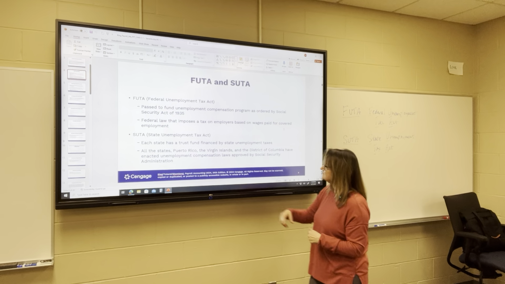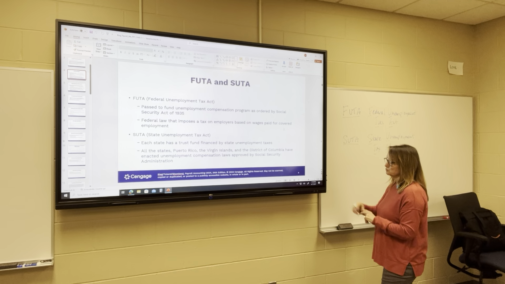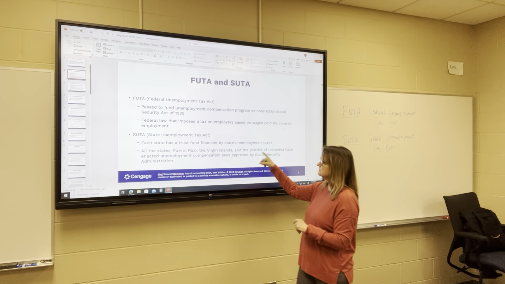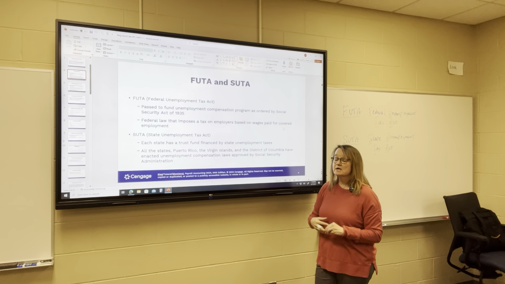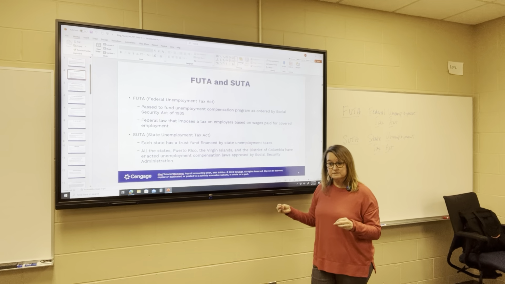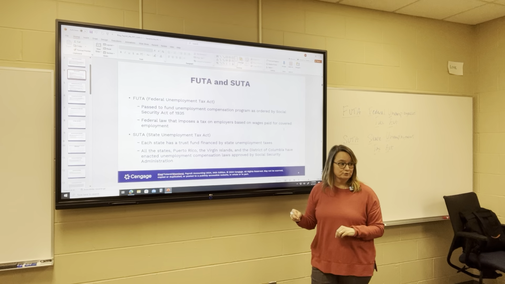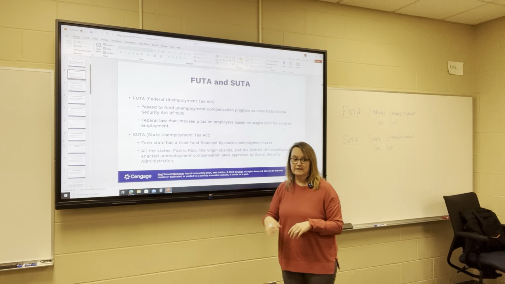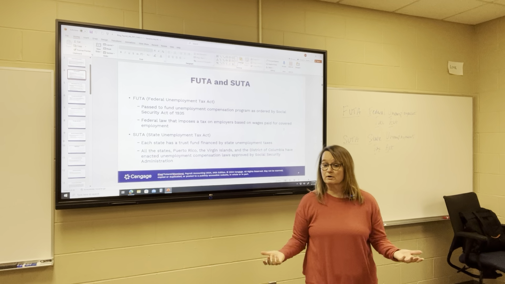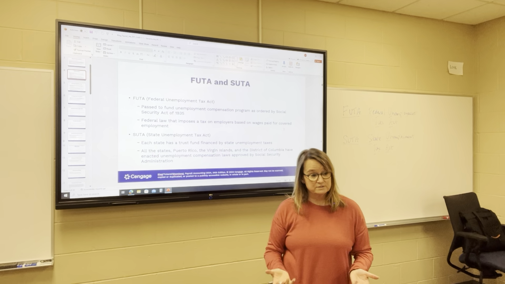Okay, every state, as well as the territories of the U.S., have their unemployment compensation laws. They can make their own laws, but it has to be approved by the federal government. So they can pass their own laws. This is why they can have their own rates, their own tax rates.